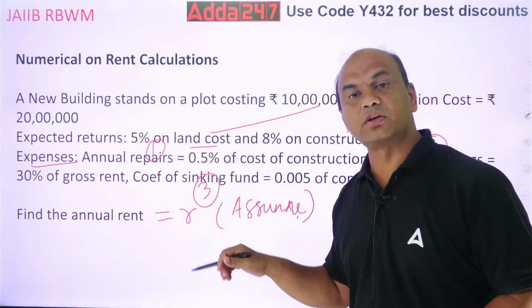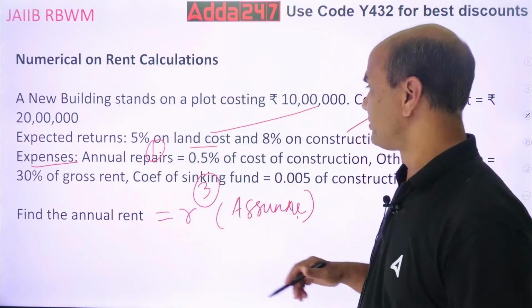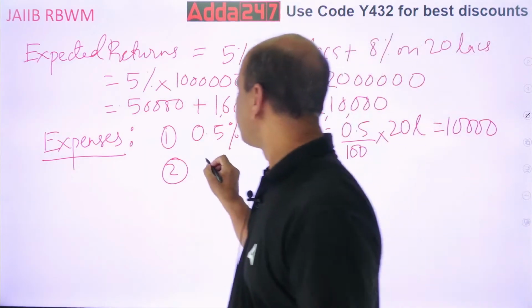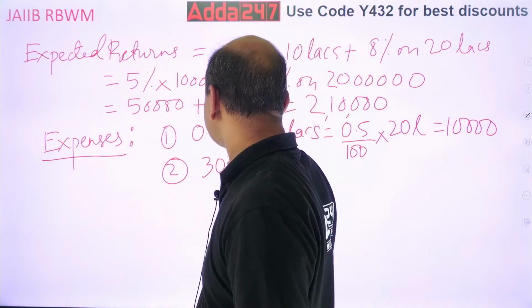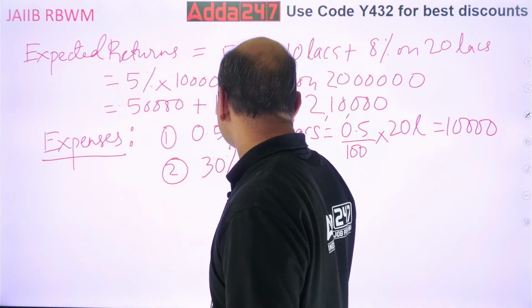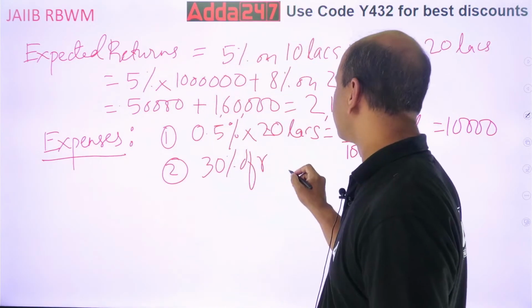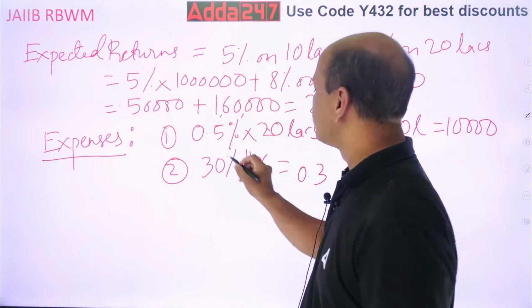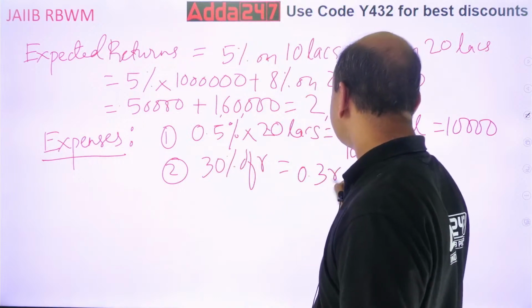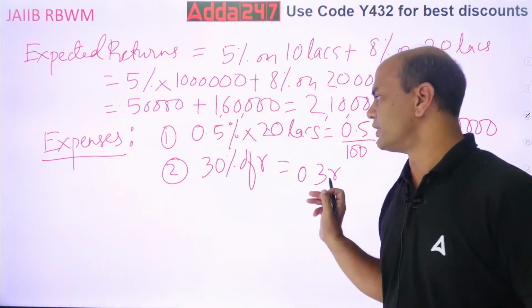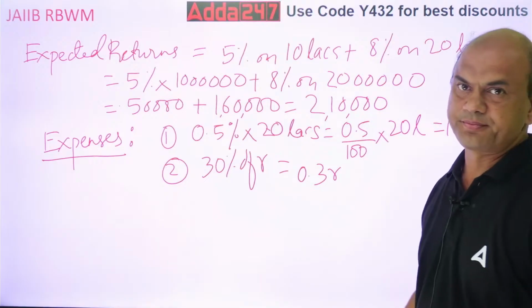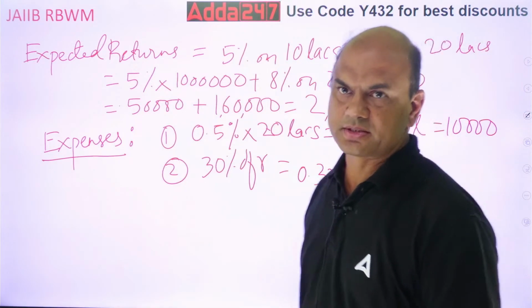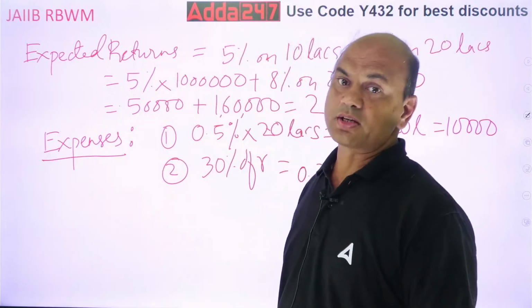So 30% of R, since rent is R. That is equal to 30 upon 100 into R, which is 0.3 into R. This is your second expense. Is everyone getting it?